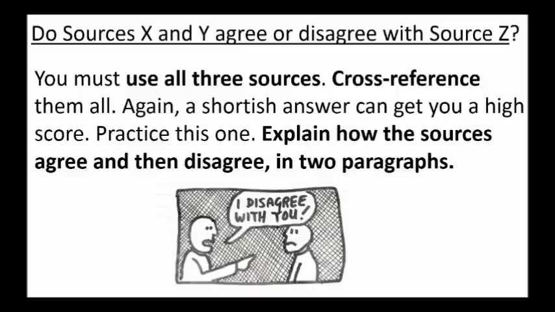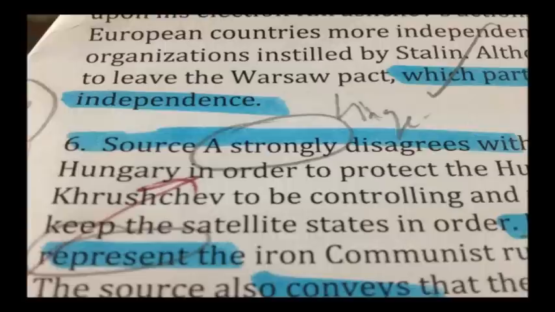But again, a shortish answer can get you a high score. You really should practice this one. So in the first paragraph, explain how the sources agree, and then in the second one, how they disagree. Also, it's important to remember to answer the question in the first sentence, just like this question here does.